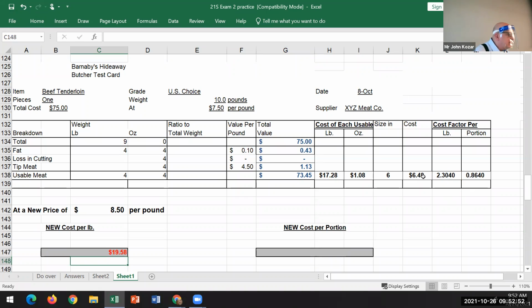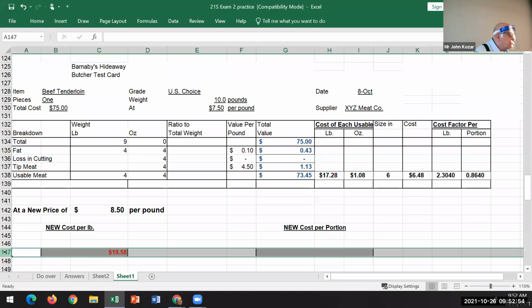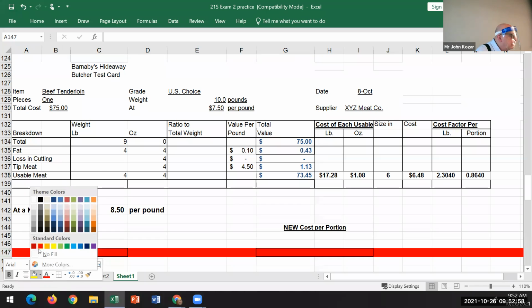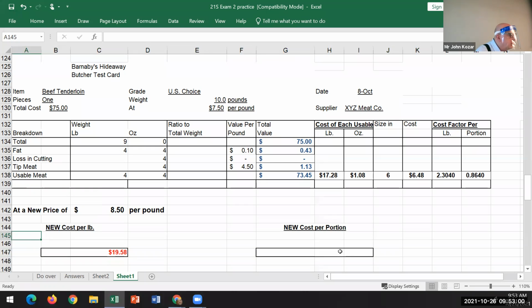And that comes to $19.58. And then for the portion, we're just going to use the cost factor per portion. Multiply that by the 850. Then we get $7.34.